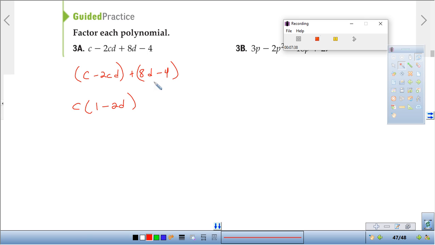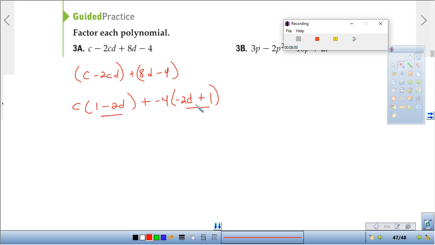Factor out a 4, right? Factor out a negative 4, because remember, I want this to look like this. So if I were to factor out a negative 4, see this is negative? That's negative. I want to go negative 2d plus 1. Now wait, aren't these two things the same thing?